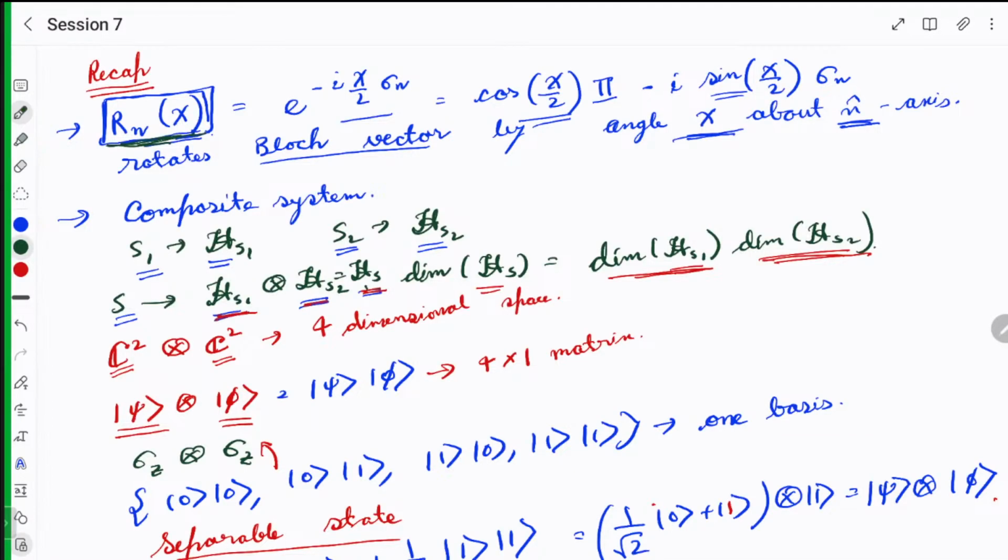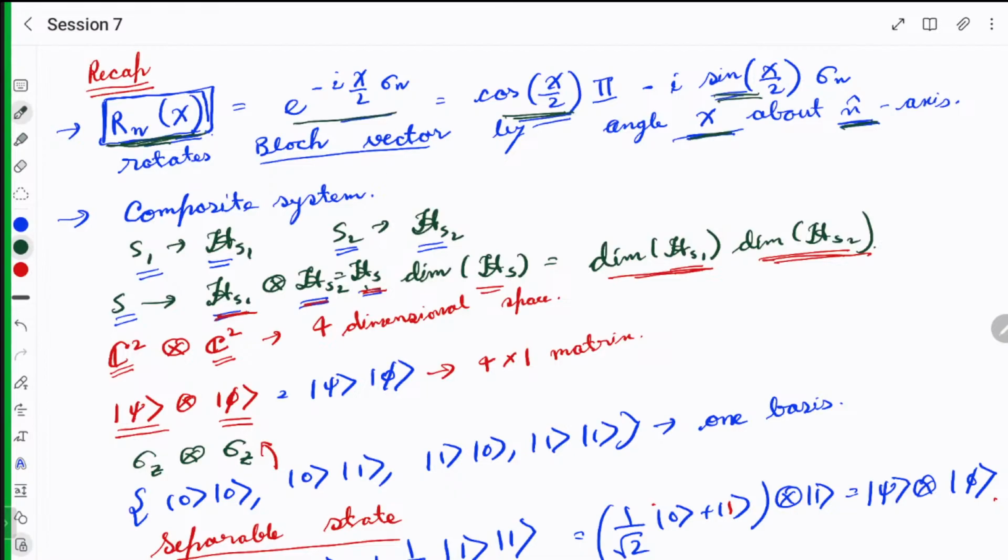We saw that it rotates the Bloch vector by some angle chi about the n-hat axis. It looks like e to the power minus i chi by 2 sigma_n, which could be written in this cos chi by 2 and sin chi by 2 form.